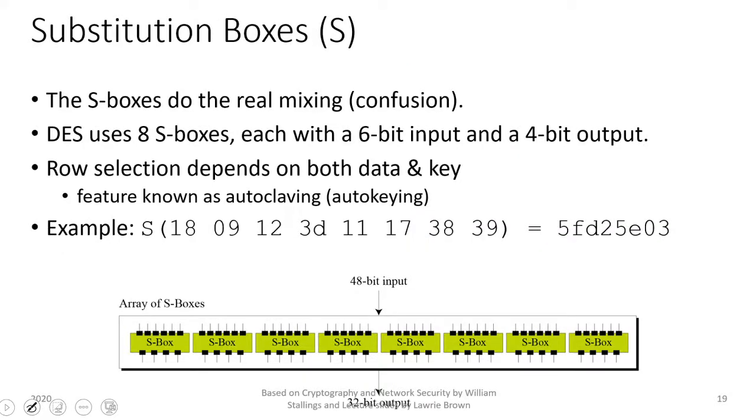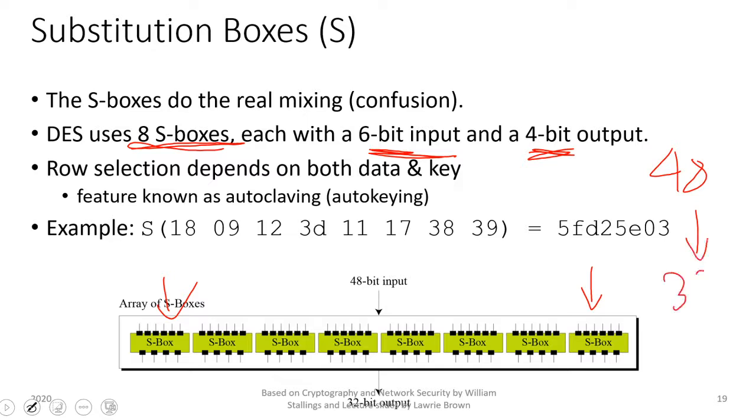There will be 8 substitution boxes, each of which accepts 6-bit input data and produces 4-bit output. So they take 48 bits down to 32 bits. That is the main thing we do with these substitution boxes.